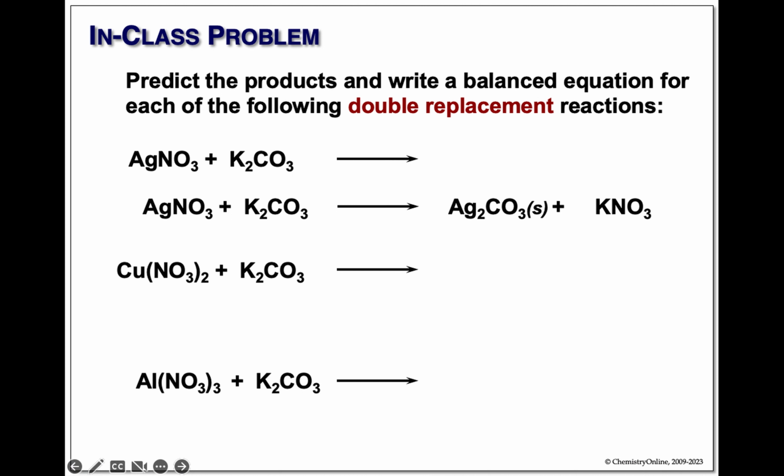Now, we look at this and we say, gee, not quite balanced, is it? We have one silver, we have two silvers. We have to fix that.